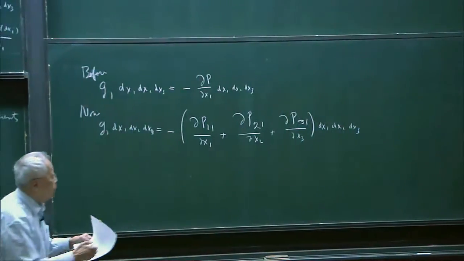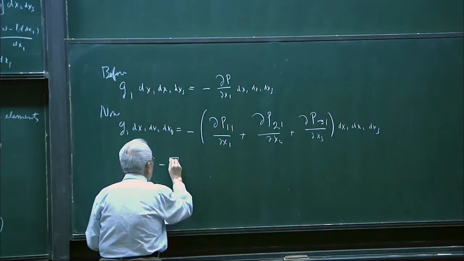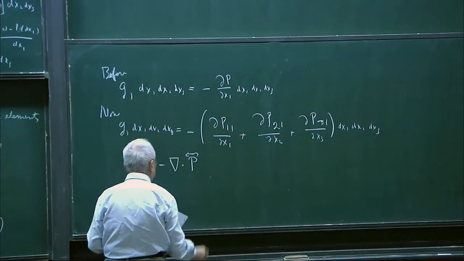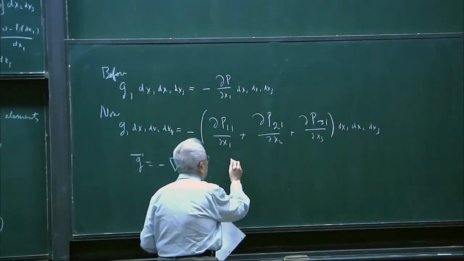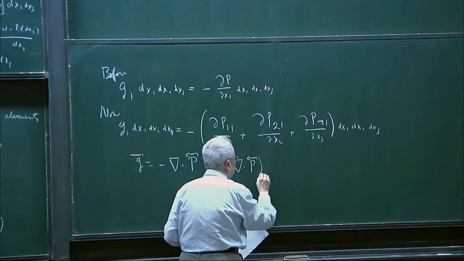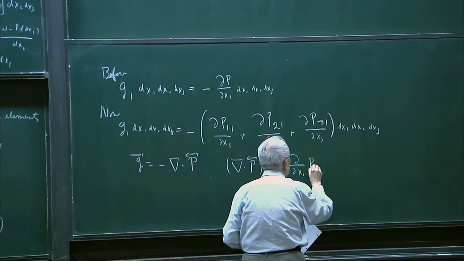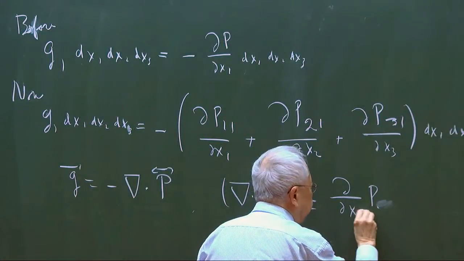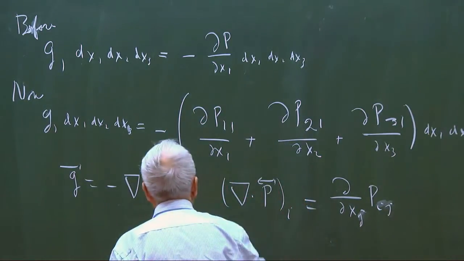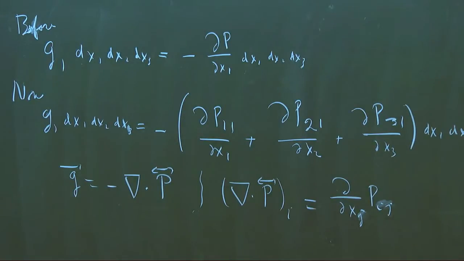So this, in vector notation, is just G is equal to minus the divergence of the dyadic P. You recall the dyadic P. The ith component is d/dxj of Pij. And this dyadic notation applies to a symmetric tensor. P13 has to be P31.